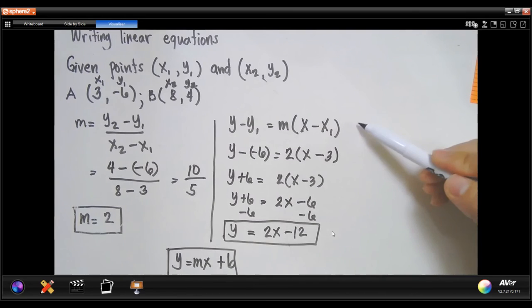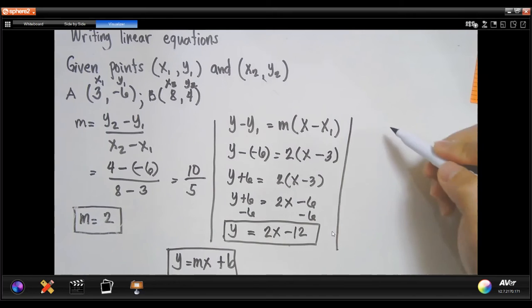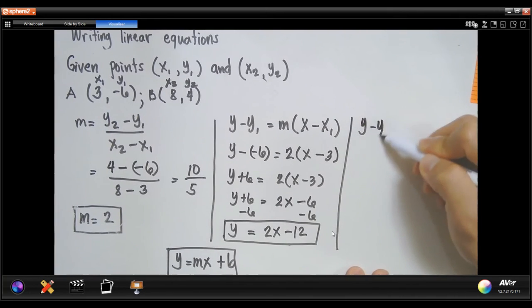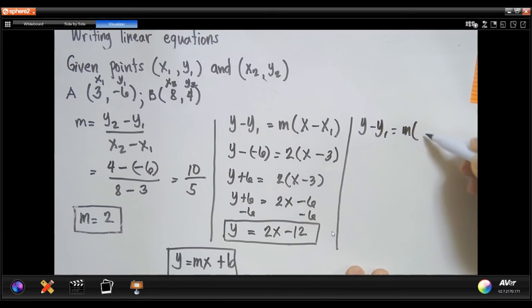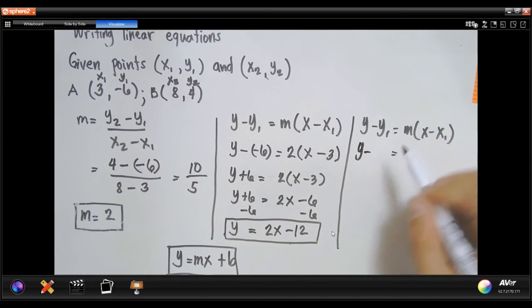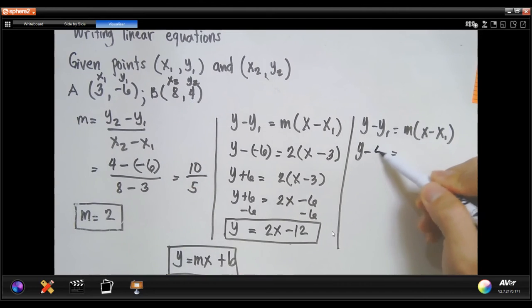Now let's try to use the other point. Let's see if we're going to get the same answer. Same thing, start by writing your point slope form. Substitute. So y minus, so my y1 now will be 4 minus 4.